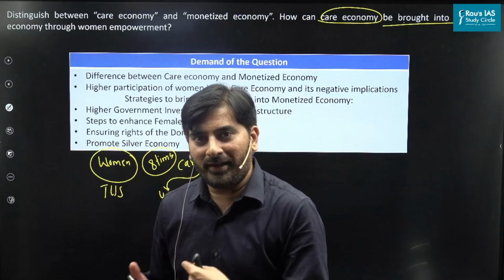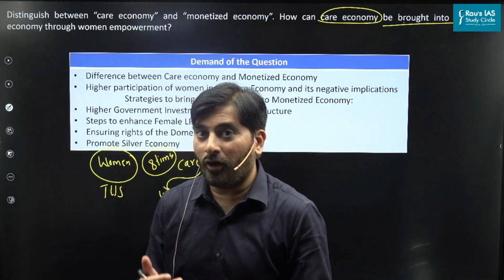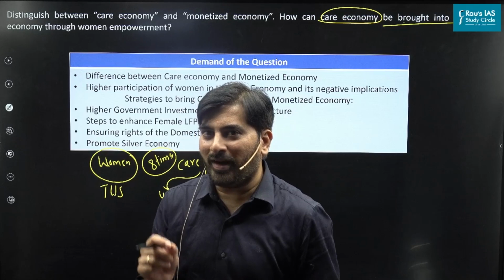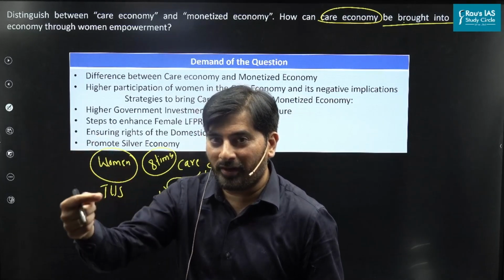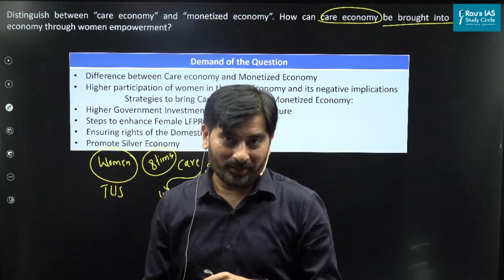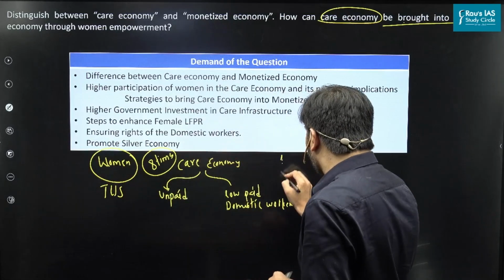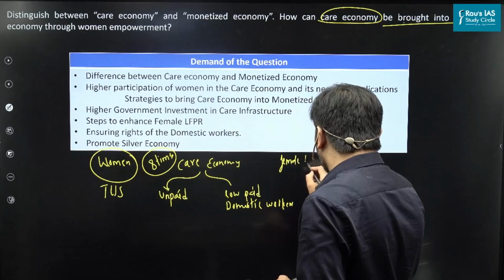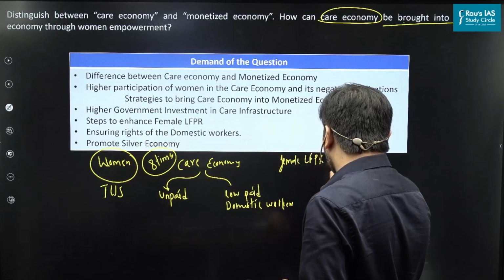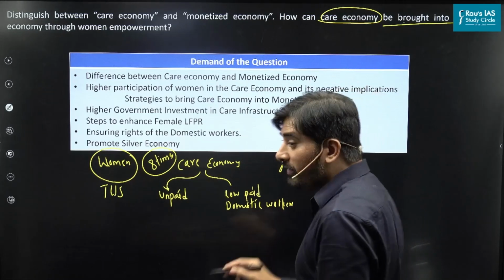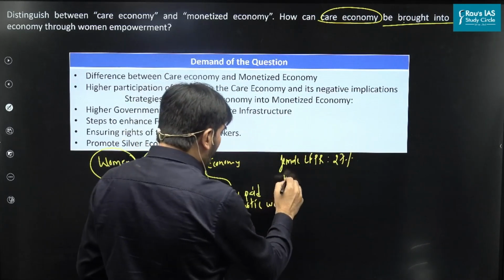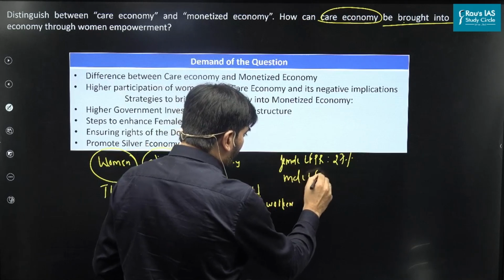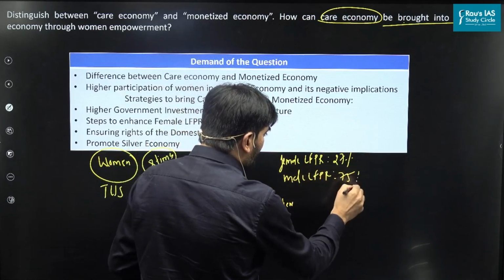When women are spending more time on household work, obviously their ability to participate in the formal economy, or the monetized economy, will reduce. That is why the female labor force participation rate in India is around 27%, whereas the male labor force participation rate is much higher at 75%.